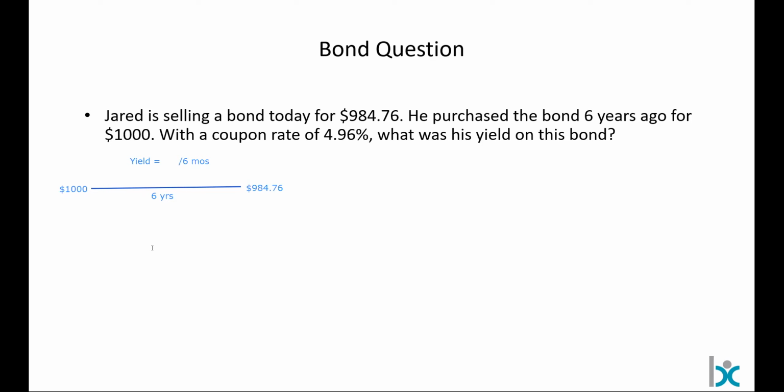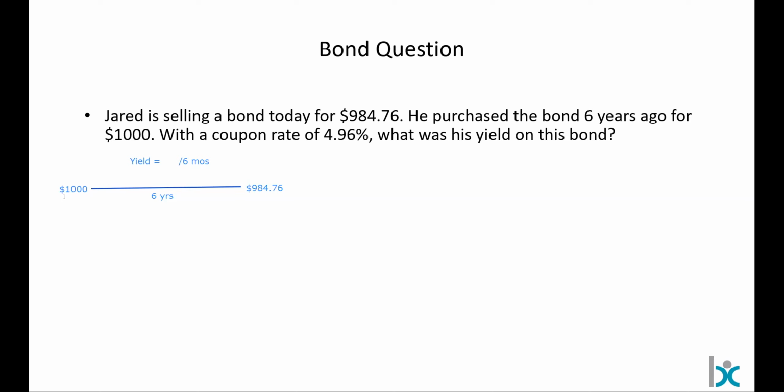How would I figure out the coupon? Okay.